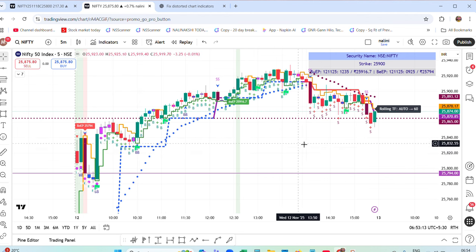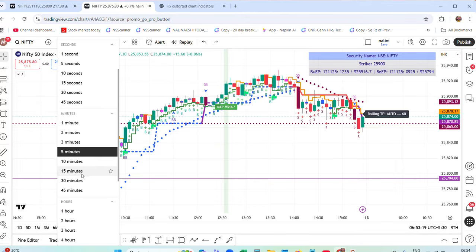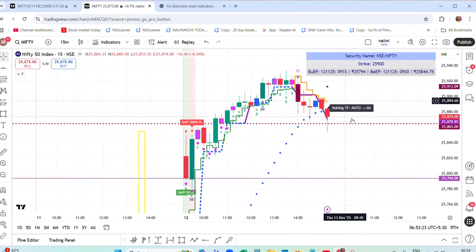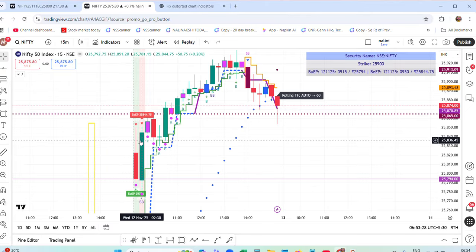You can see I've changed the short-term CPR. If I change it to 15 minutes, you will see the Gann HiLo running blue. There is no hiccup because an intermittent sell is not a sell.